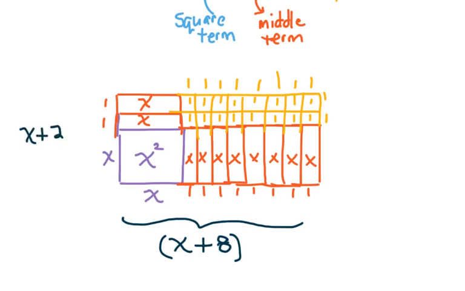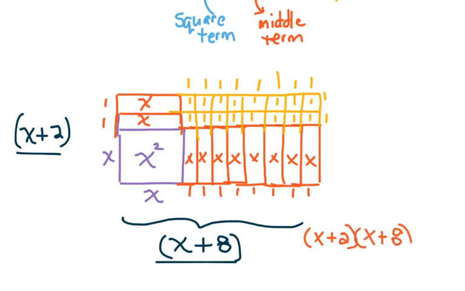And one of the things I want you to remember is that x plus 2 and x plus 8 are factors. So I could actually rewrite this as x plus 2, meaning the height, times my base, x plus 8, is going to give me the total area.